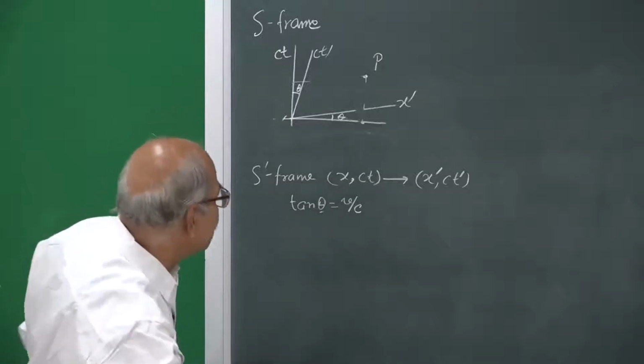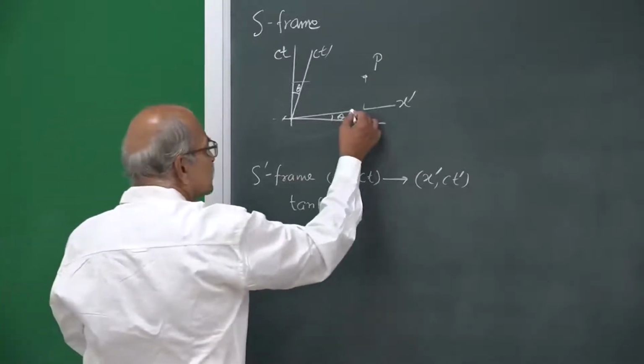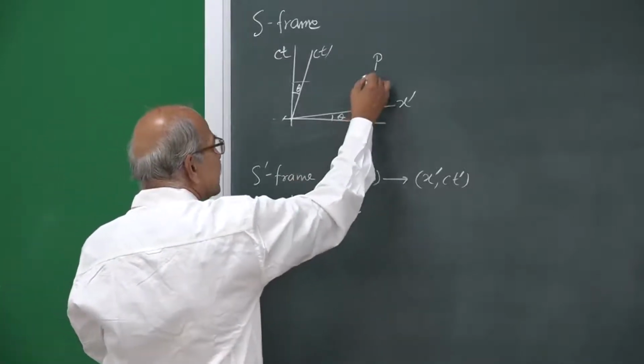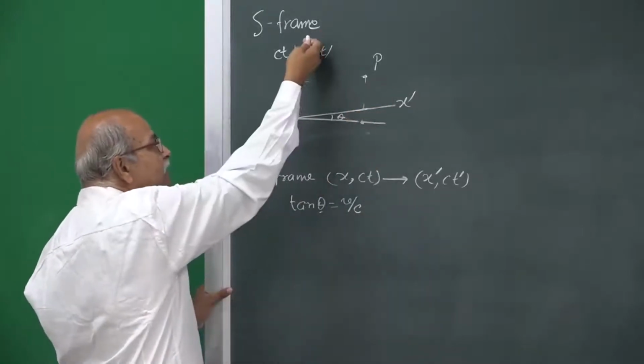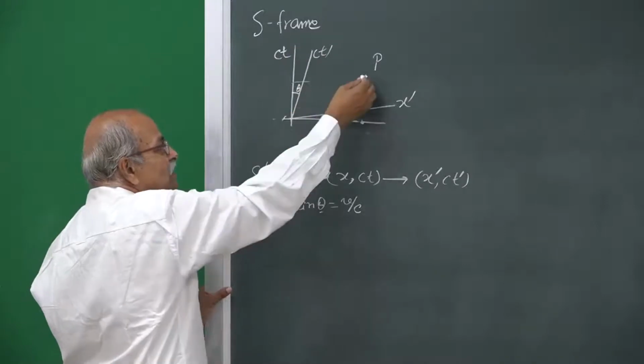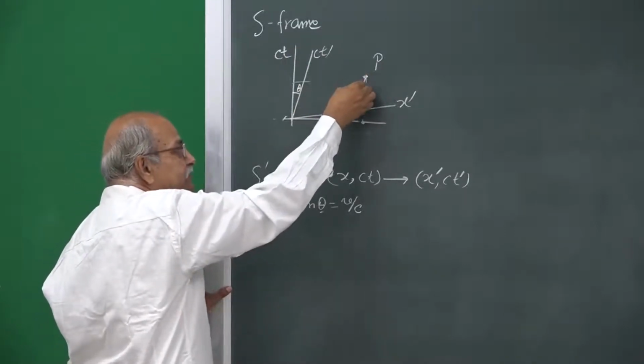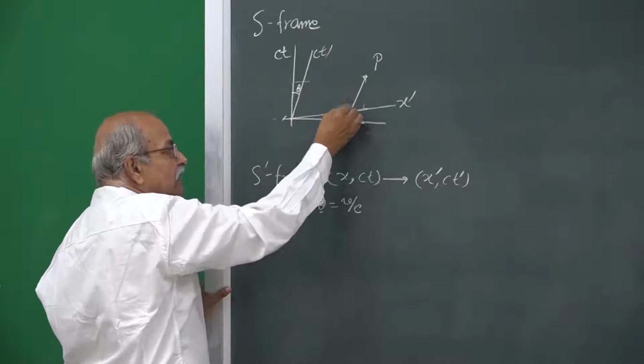Same story: from the same point P, you draw a line parallel to this CT prime axis.